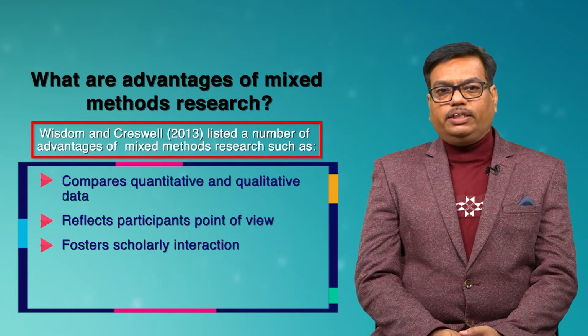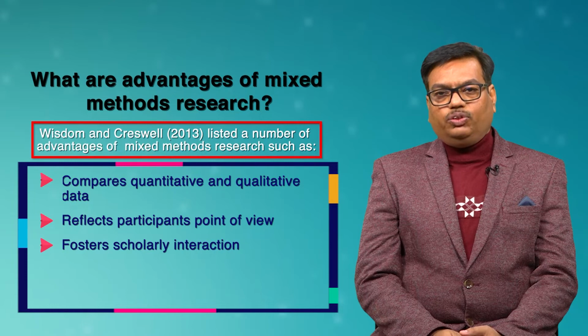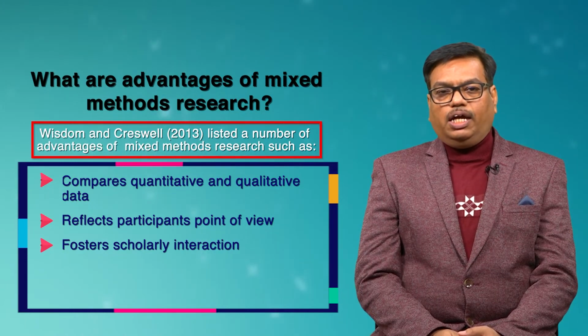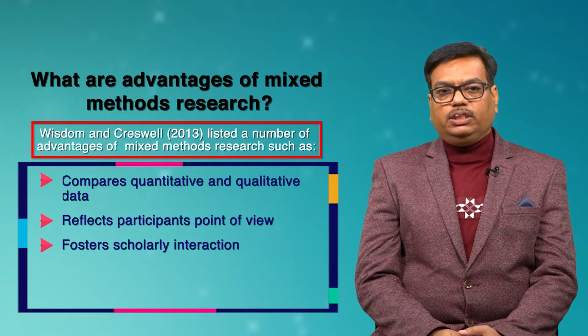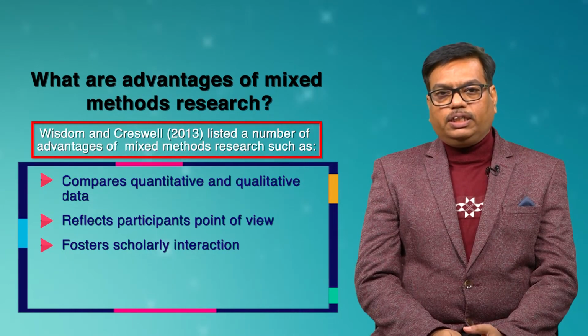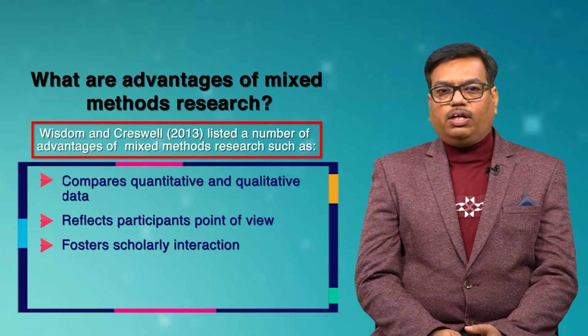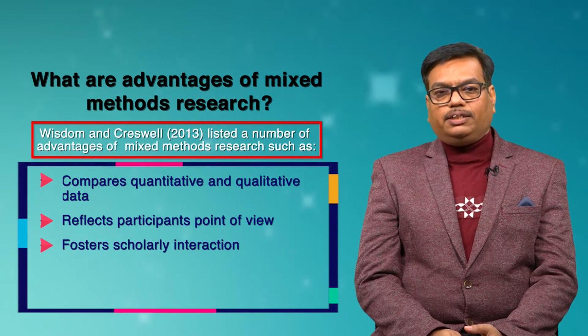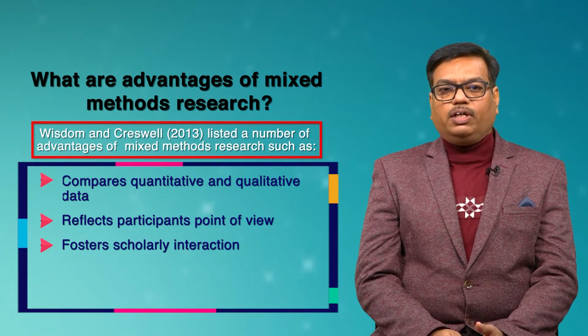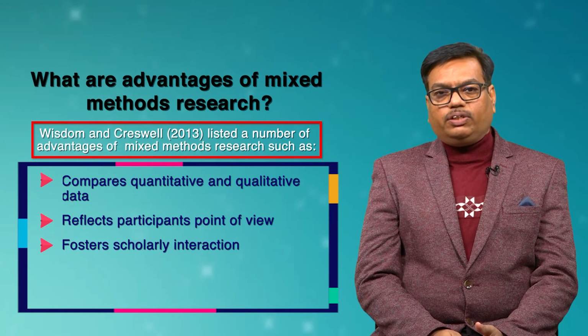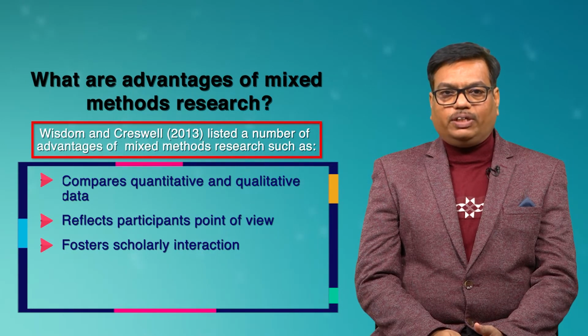But during qualitative data, you take interviews, you observe them, you note down their stories, and when you mix these stories, these ideas with the quantitative data, it fosters scholarly interaction. Scholarly interaction means interaction of data provided through quantitative techniques and data provided through qualitative techniques.